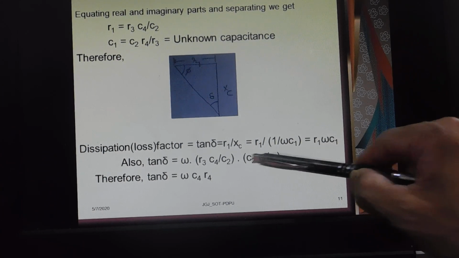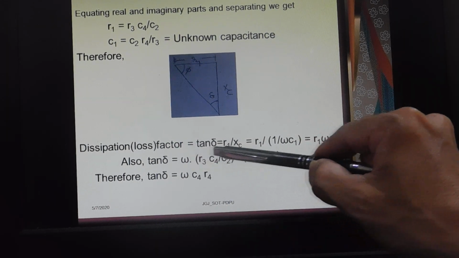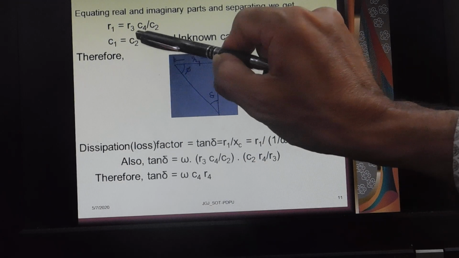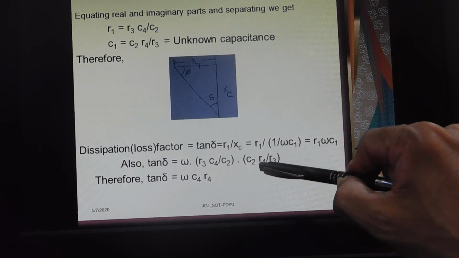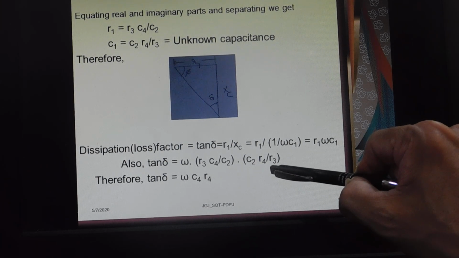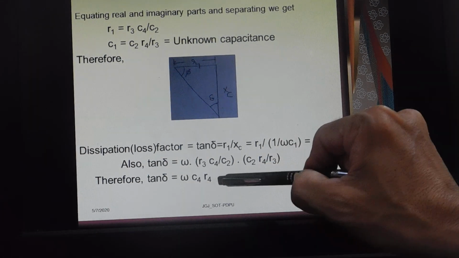R4 and C4. R1 is equal to R3 C4 divided by C2, and C1 is equal to C2 R4 divided by R3, and therefore the value of tan delta is equal to omega C4 R4.